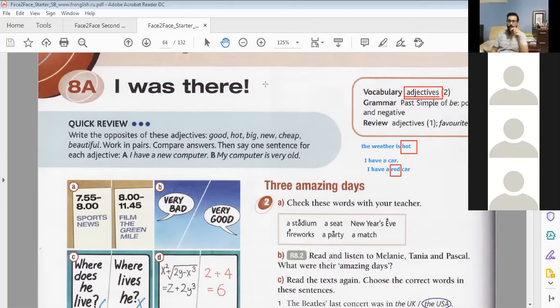Red car. Big house. This is a big house. في العربية هتكون منزل كبير، العكس عكس. فترتيب الصفة والموصوف في اللغة الإنجليزية بصفة عامة عكس العربية. Okay? It's the opposite.